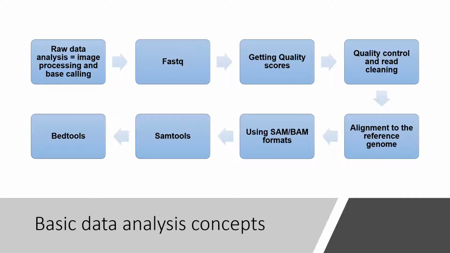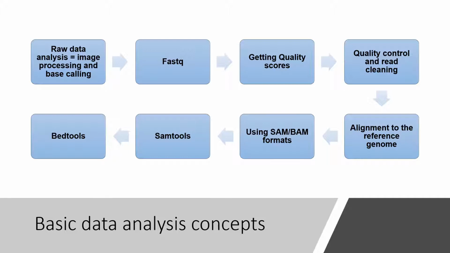This particular slide explains the pipeline of DNA sequence analysis after the data is obtained through next generation sequencing. The raw data, which is the result of next generation sequencing, is in the form of FASTQ.